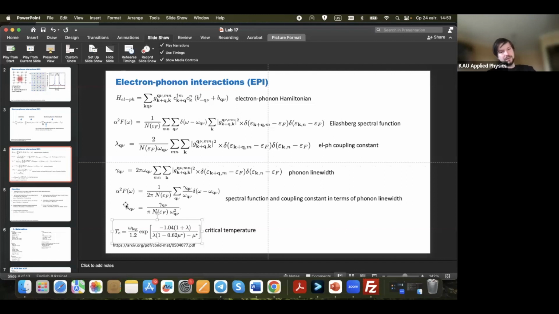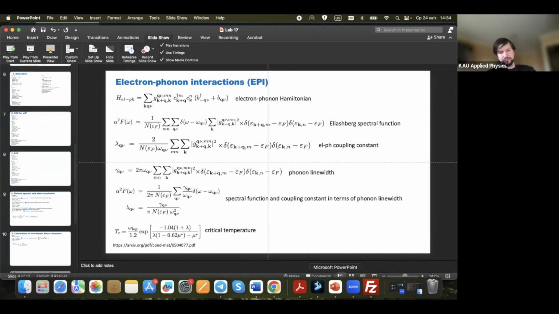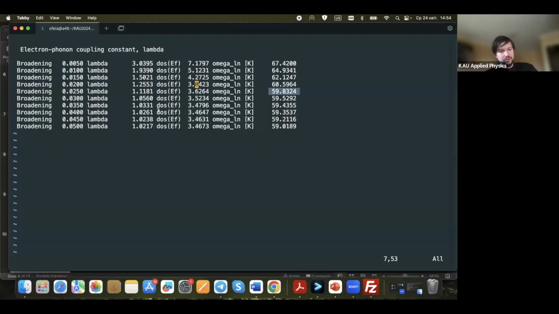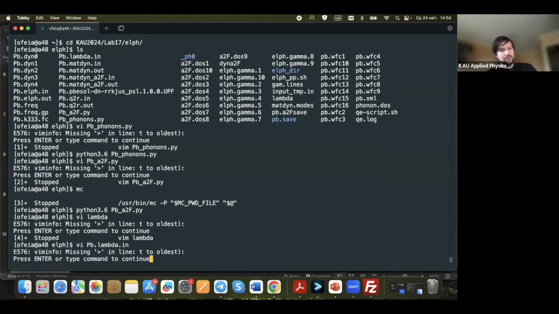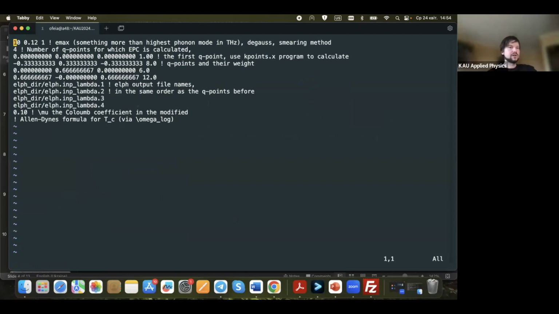So we have lambda, we have omega, and what we need to do is just estimate this TC, the superconducting temperature. And we are going to the last step. The last step is pb lambda in.